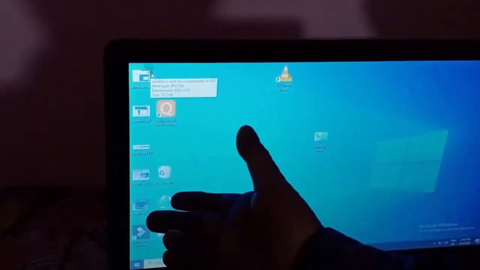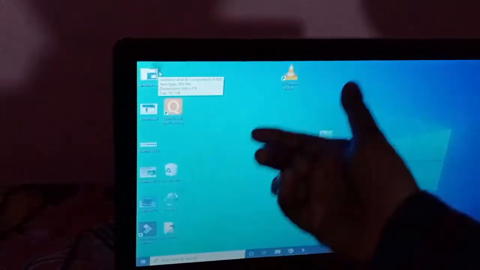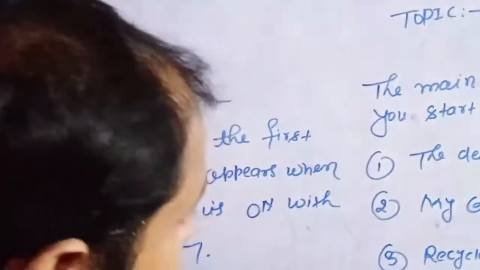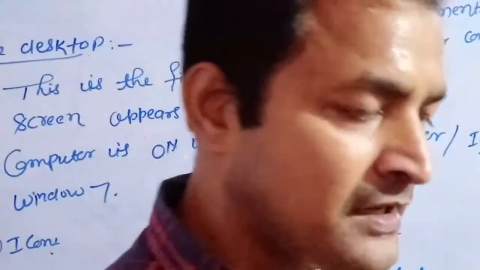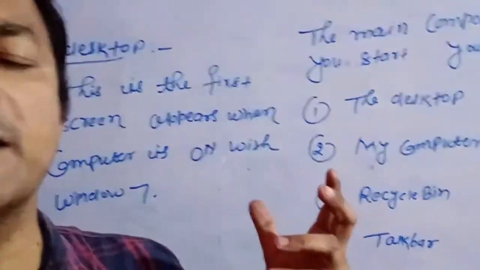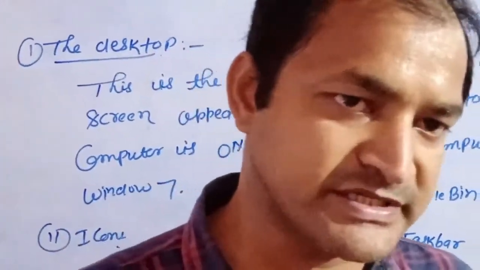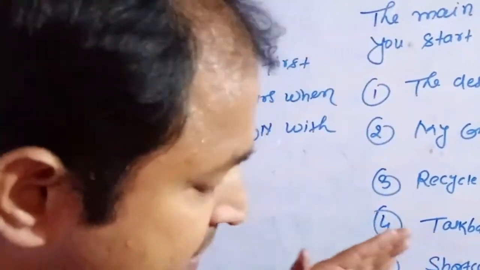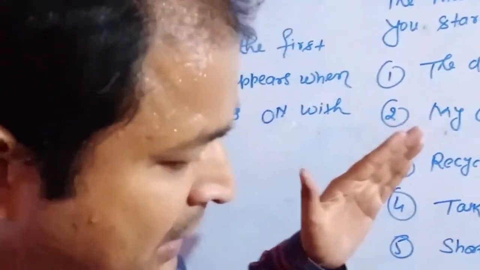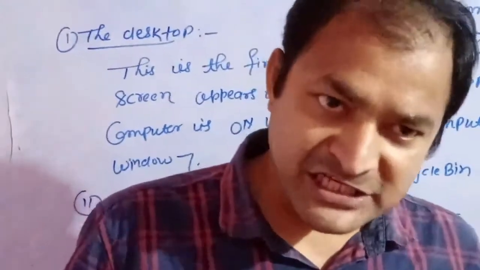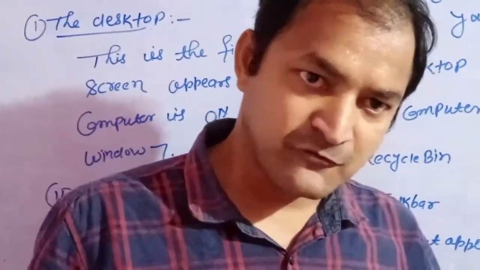This whole part is shown on the desktop. Icons means a small graphical object which shows various programs, files, folders.